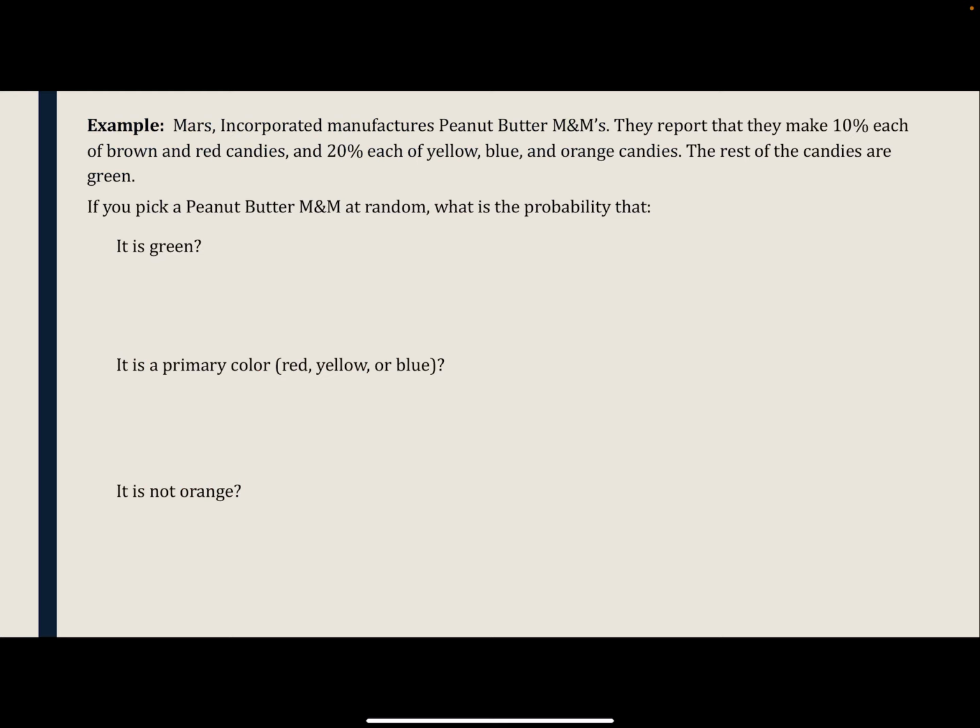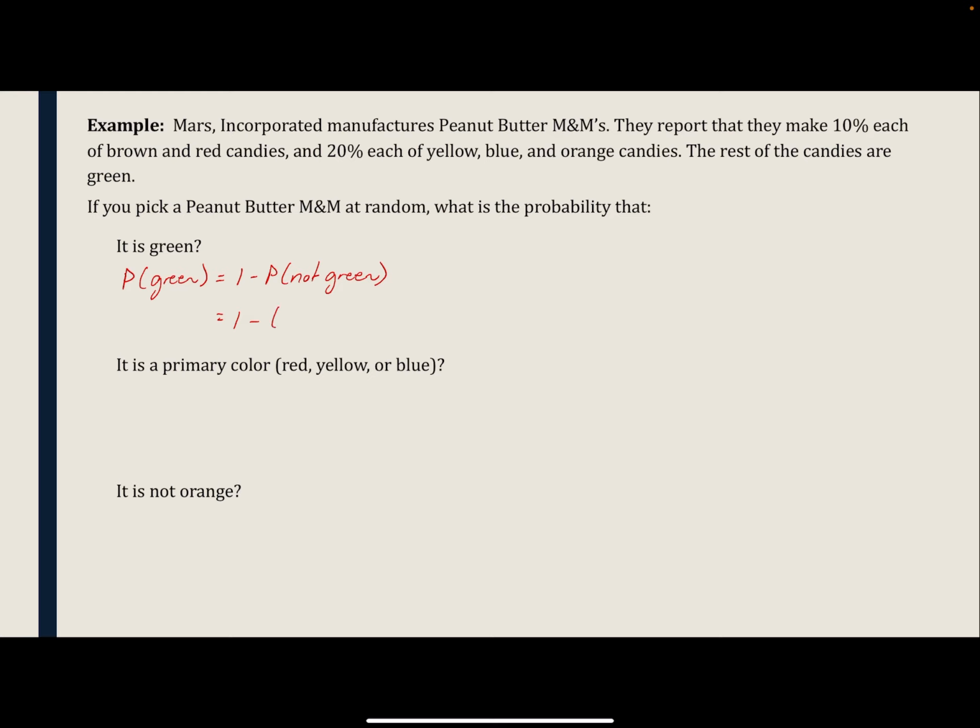Well, the probability that it's green is going to be 1 minus the probability that it's not green. And the probability that it's not green is the probability that it's any of the other colors.